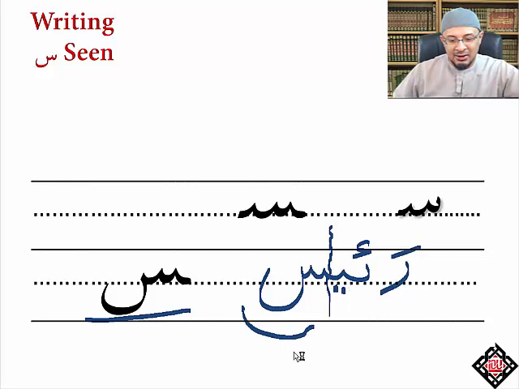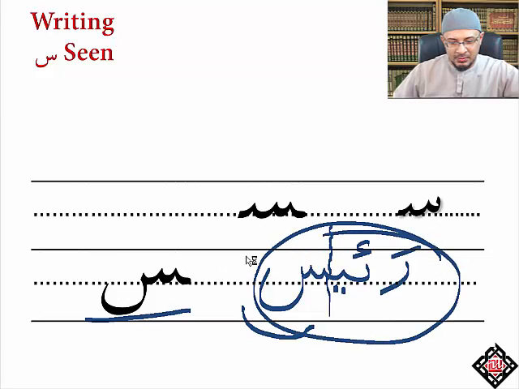So here the sin is connected to the ya by this little part right here. This is its connection, and the sin is expressed in its full form at the end of this word, ra'is.